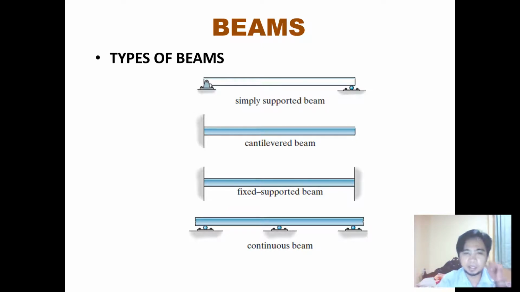It is restrained at one of the ends, or it is a fixed support at one of the ends, or this is what we call the overhang beam or cantilevered beam. For the fixed supported beam, both supports have a restrained support or fixed support, and then we have a continuous beam supported by a series of rollers.